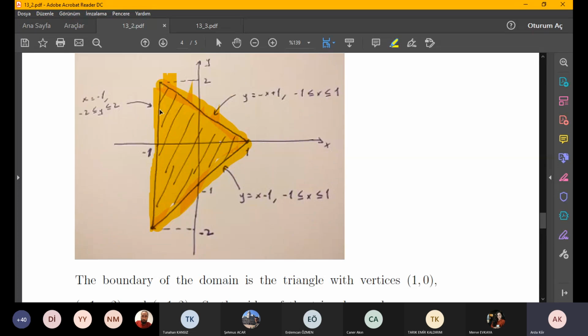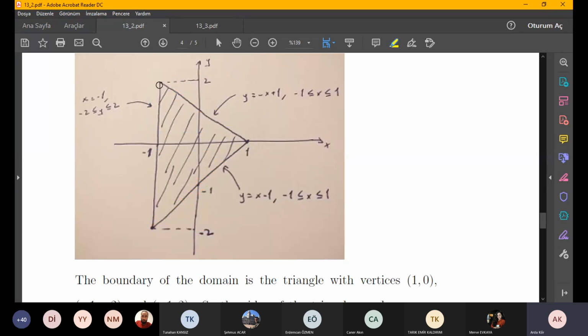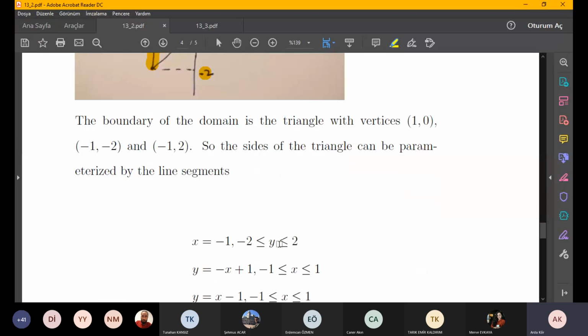So x equals minus 1, with y in between minus 2 and 2. So this will be the first parameterization.